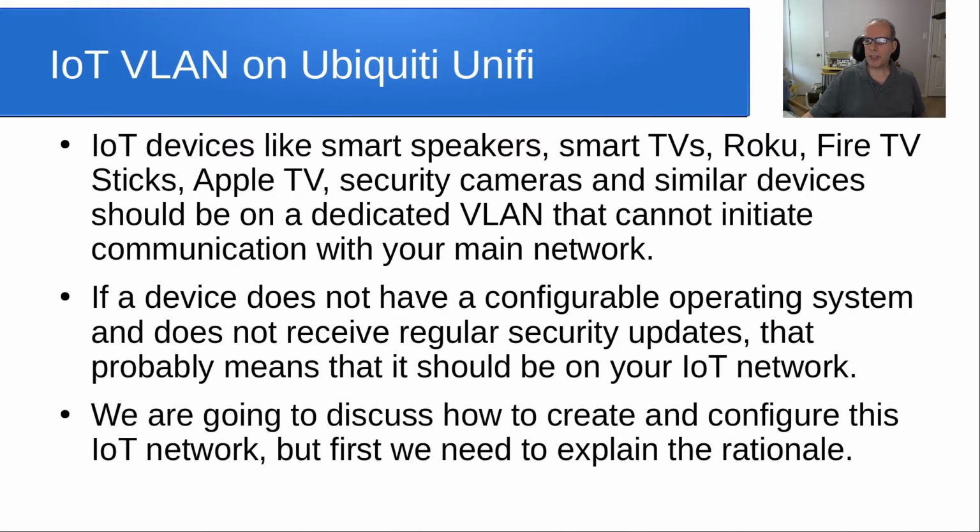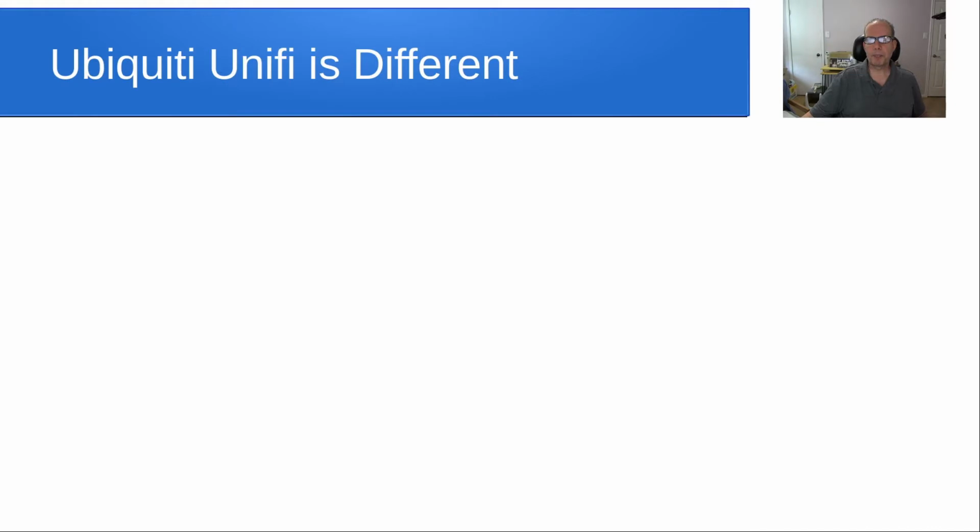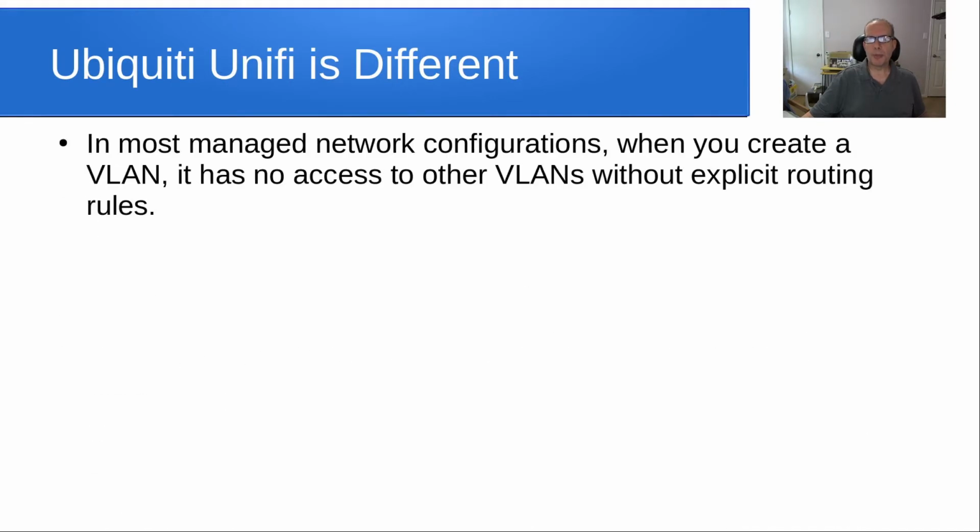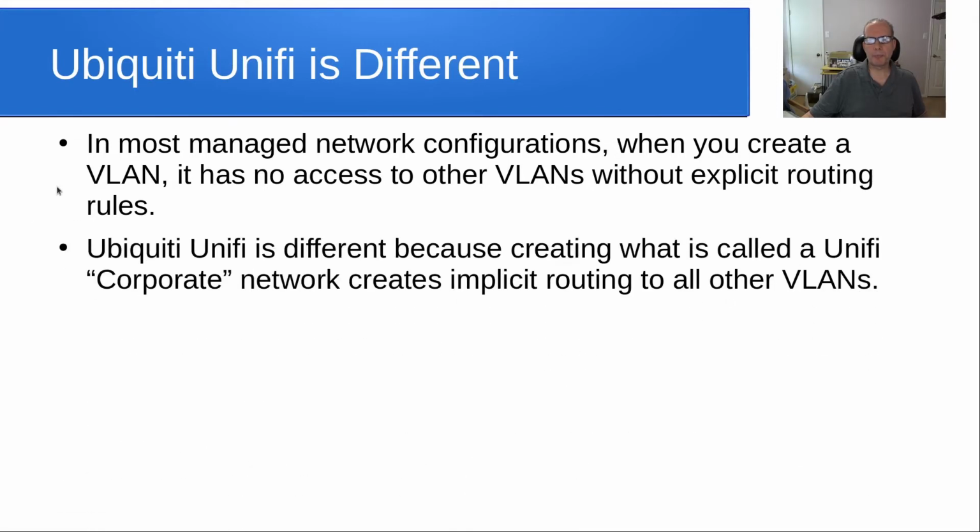So we're going to discuss how to create and configure this IoT network, but first we need to explain the rationale. Ubiquiti Unifi is a little bit different from other networks because in most managed network configurations, when you create a VLAN, it has no access to other VLANs without explicit routing rules.